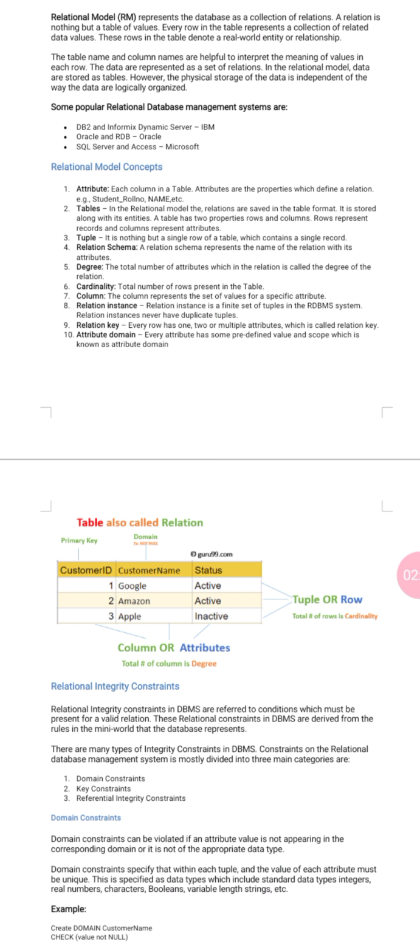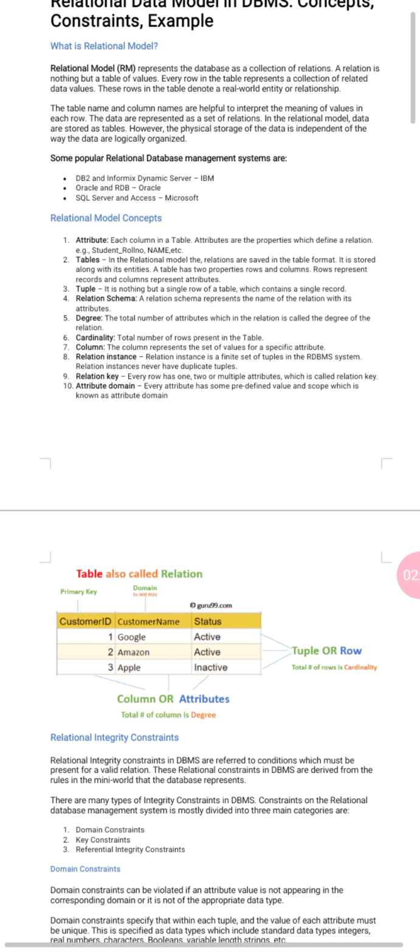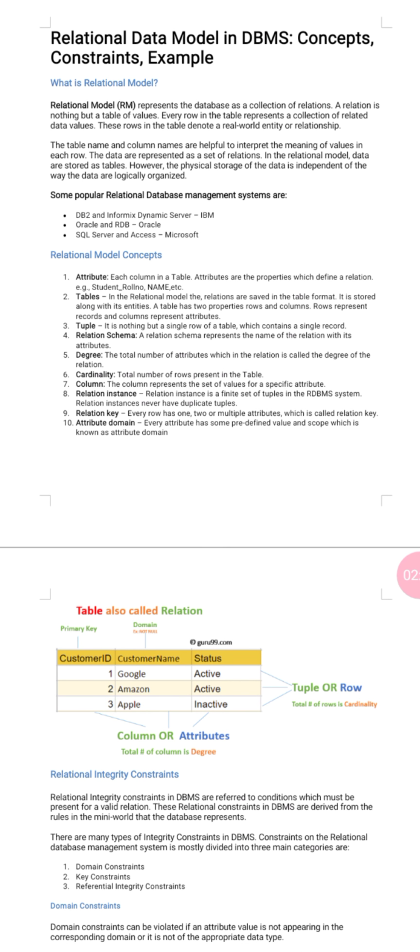In the relational model, data are stored as tables where the physical storage of the data is independent of the way the data are logically organized. Clear? Everybody? In short, the relational model represents the database as a collection of relations. A relation is nothing but a table of values. Clear?